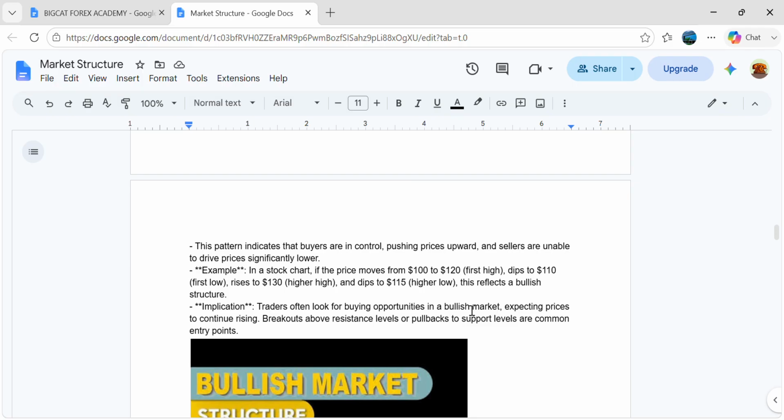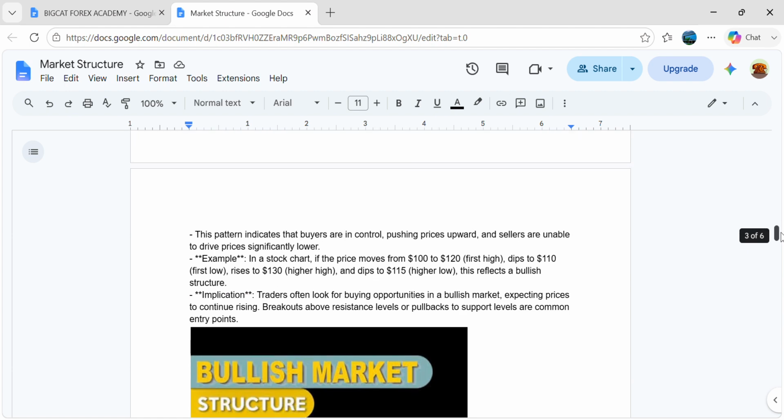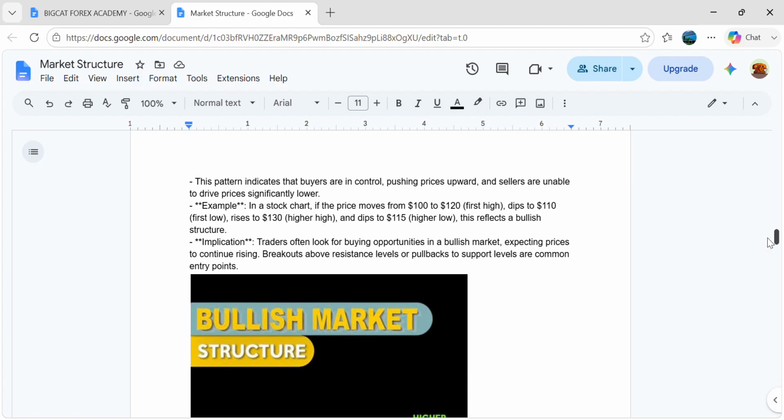In a bullish market structure, buyers are in control, pushing price upward over time, and sellers are unable to drive price significantly lower. For example, if in a stock chart the price moves from $100 to $120, let's say the price of tomato is 100 naira, all of a sudden it increased to 120.